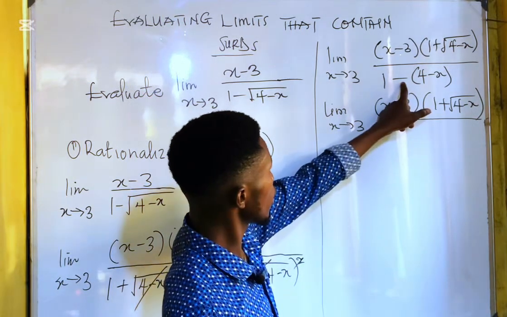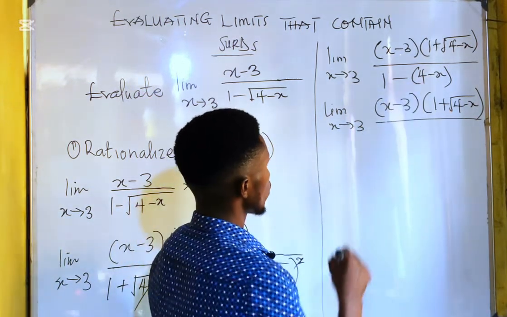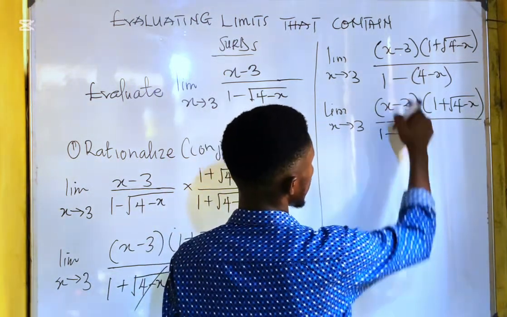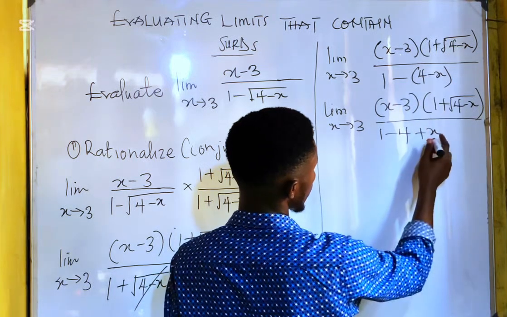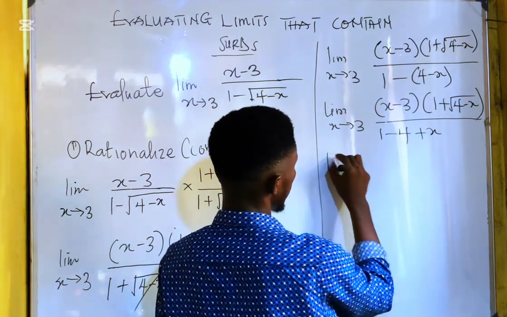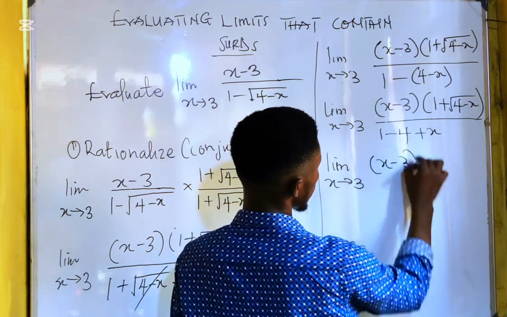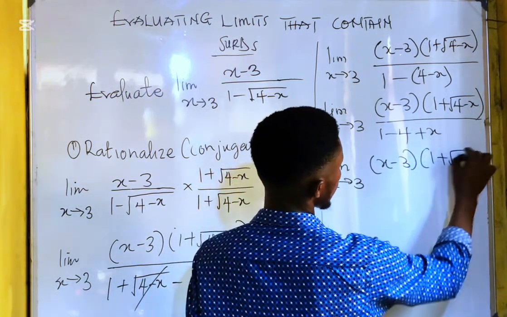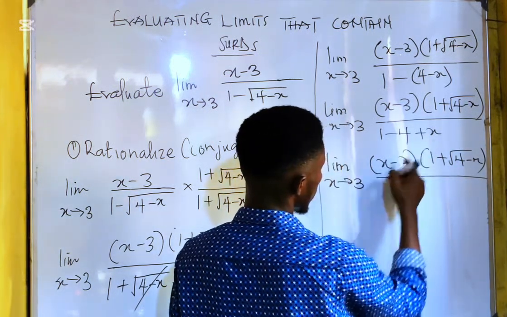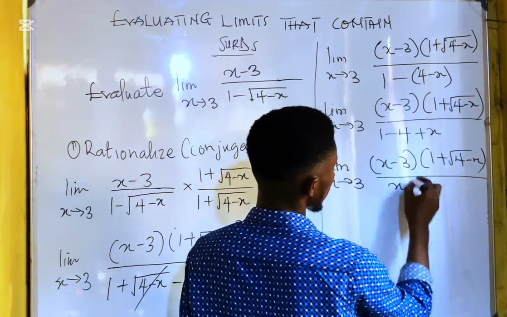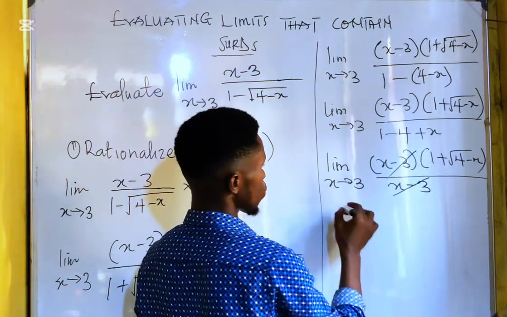You have negative 4, so this becomes minus 4. You have something like 1 minus 4. The negative will affect the negative, making positive x. So finally, we have the limit as x approaches 3 of x minus 3 times 1 plus the square root of 4 minus x, all divided by x minus 3, because 1 minus 4 is minus 3. So you see this will cancel this one.